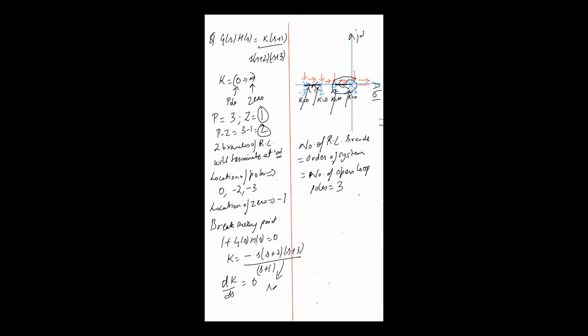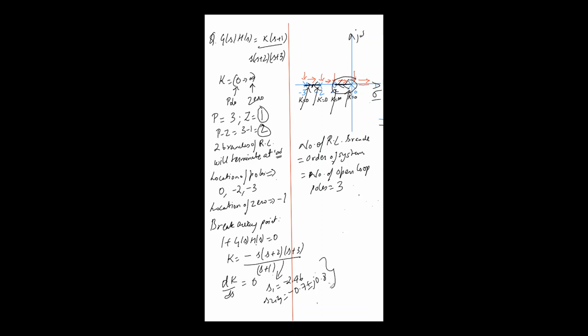If you differentiate this and equate it to 0, you will have s1 equal to minus 2.46, and s2 and s3 will be a complex conjugate pair, minus 0.7 plus or minus j0.8.